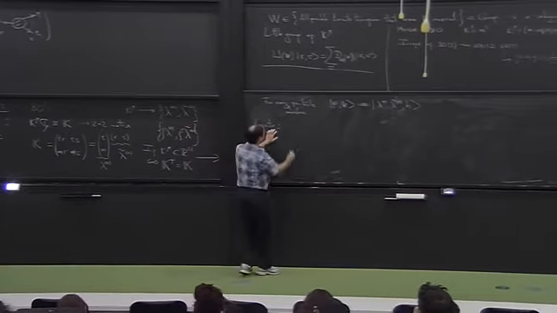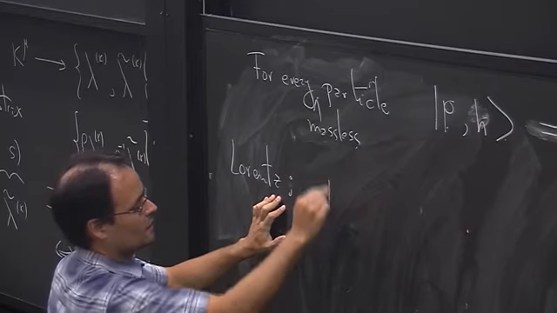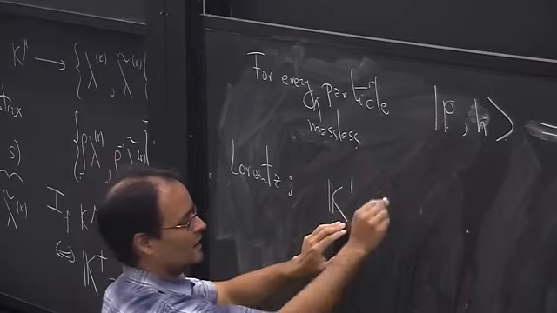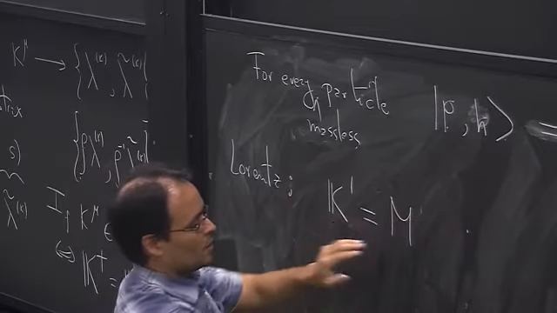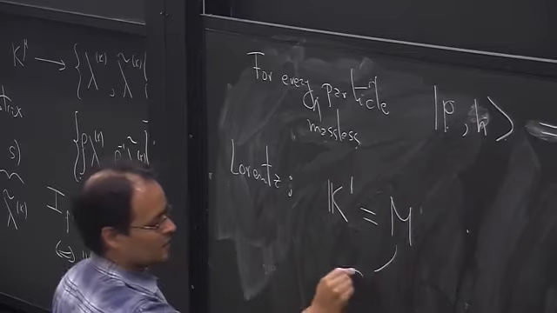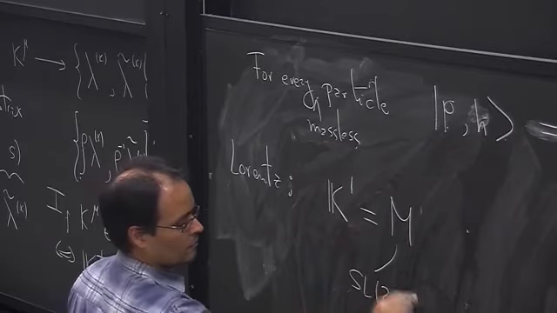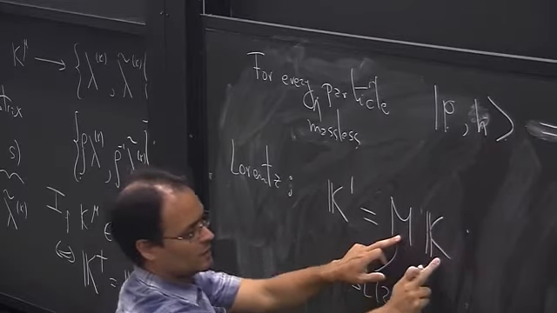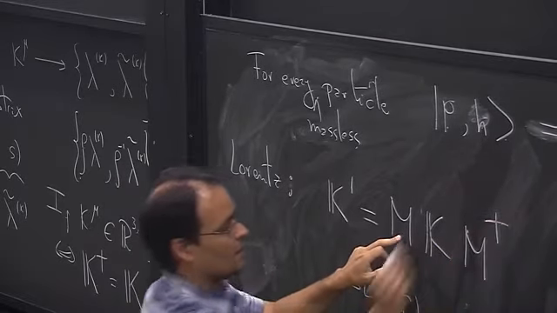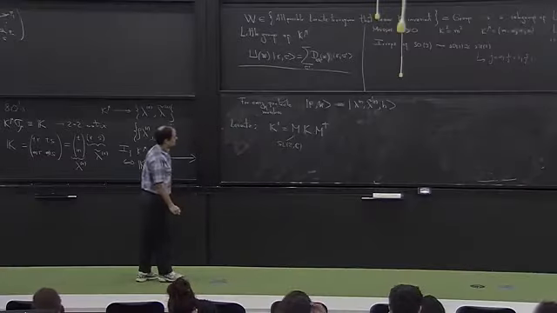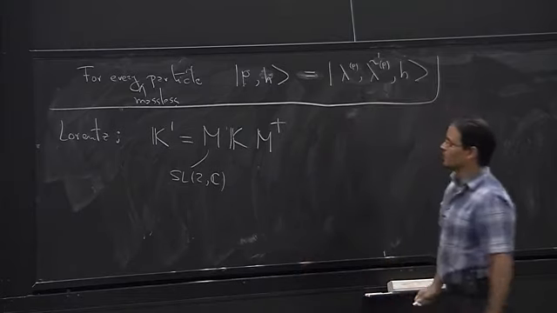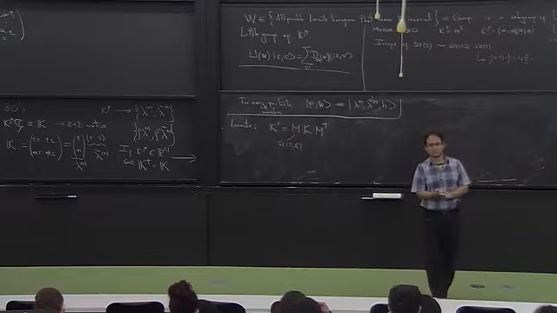So in the tutorial, you show that under a Lorentz transformation, our matrix K goes into a matrix K prime obtained by multiplying by an SL2C matrix on K and M dagger. You did that in the tutorial, right?